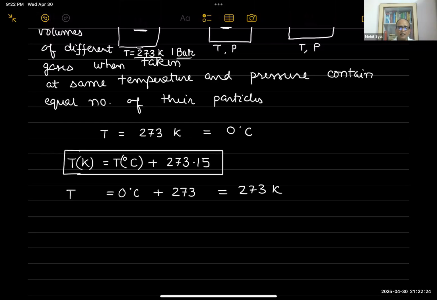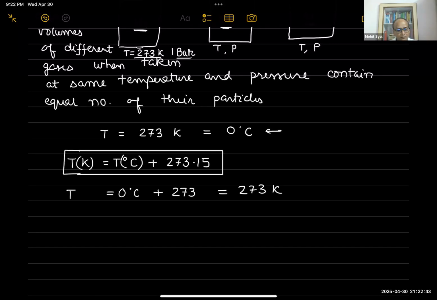Kelvin scale will be used in thermodynamics. Why have we taken the Kelvin scale? First of all, suppose you have 0 degrees Celsius. Is it the lowest temperature?